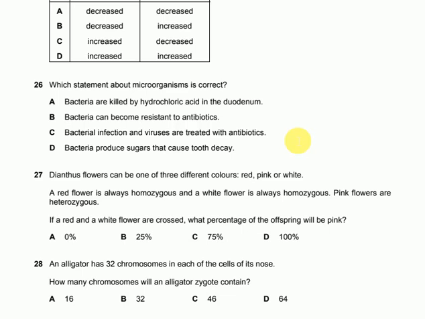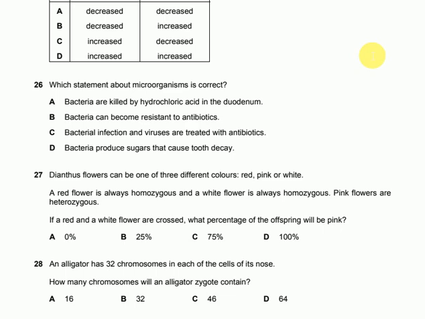C: Bacterial infections and viruses are treated by antibiotics. Bacterial infections, sometimes. Viruses, never, ever. So viruses just don't die. They say that a cold will get well in 7 days, and if you take antibiotics, it'll get well in a week, which means the same.